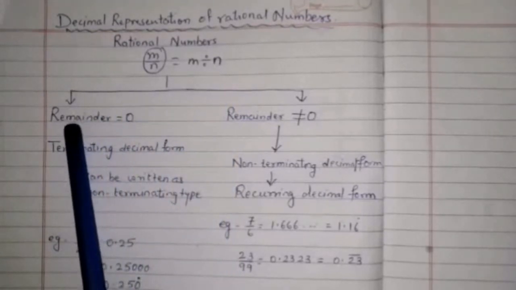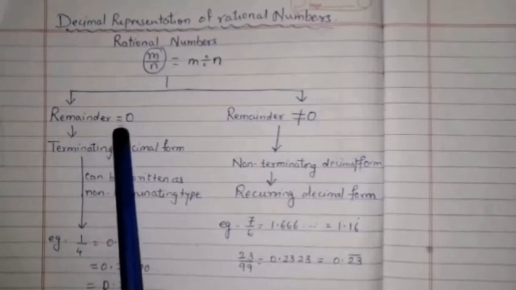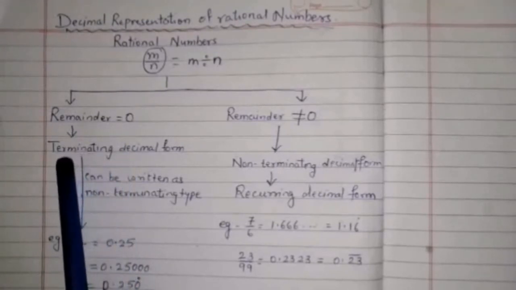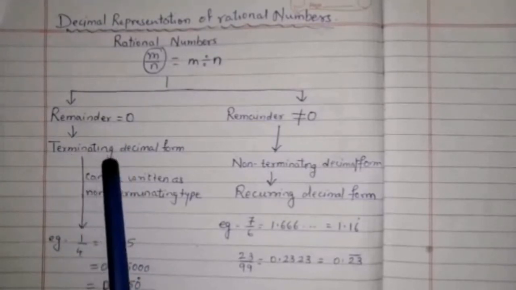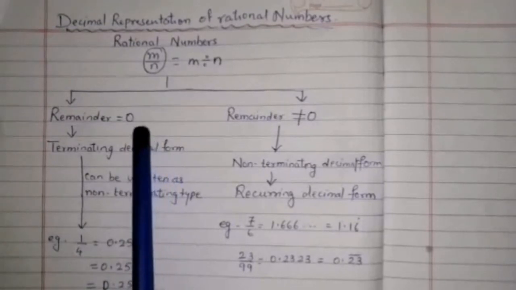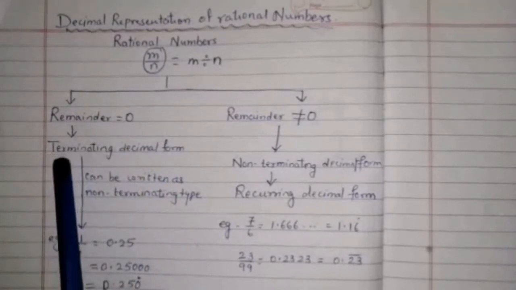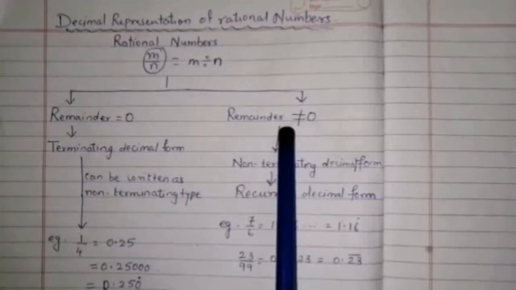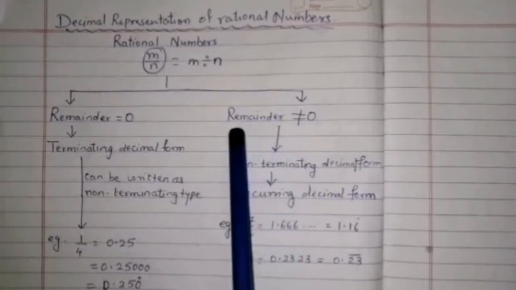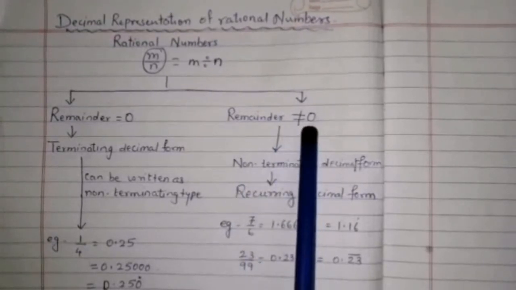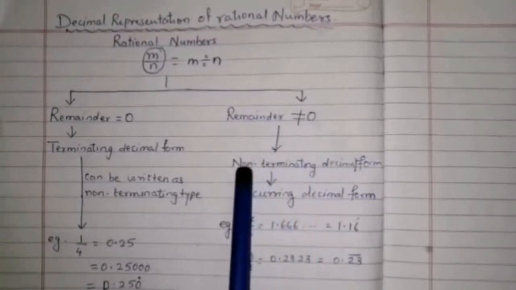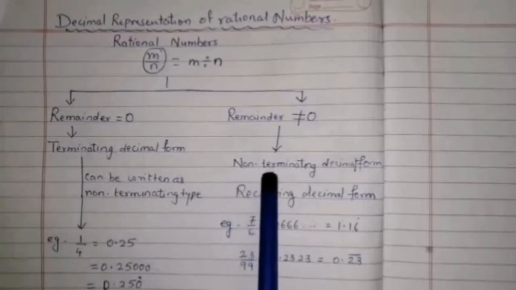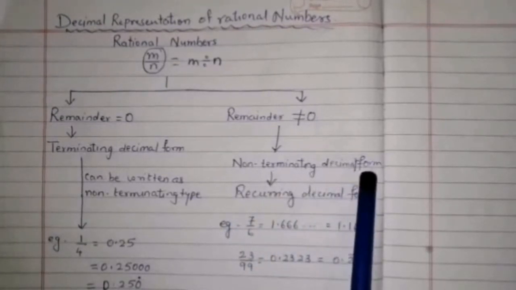If we divide numerator by denominator, there are two possibilities. One possibility is that after division the remainder is 0. If the remainder is 0, that type of form is known as terminating decimal form. But when we divide numerator by denominator and the remainder is not 0, it is other than 0, then such type of form is non-terminating decimal form.